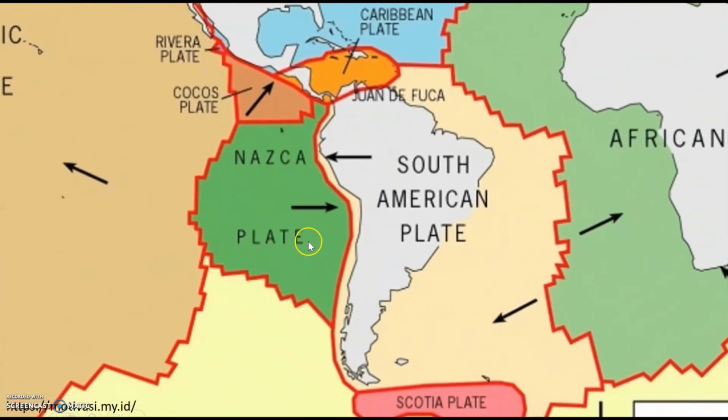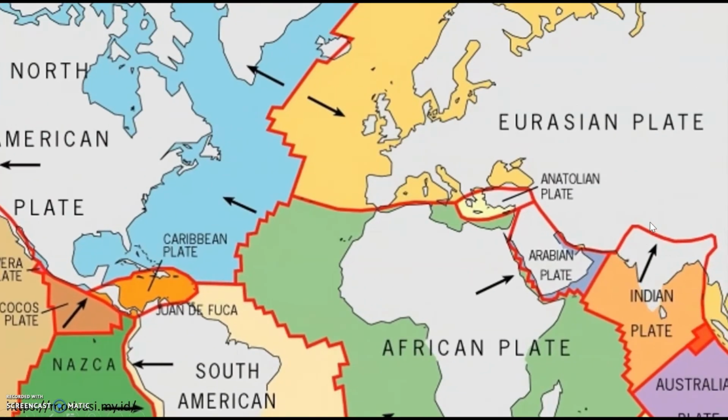You would ask also the same thing, the type of plate boundary between Nazca and South American plate, or even the South American plate and the African plate. And the last one, say you're asking for the type of plate boundary between North American plate and Eurasian plate. So this is actually one of the lessons in Science 10.